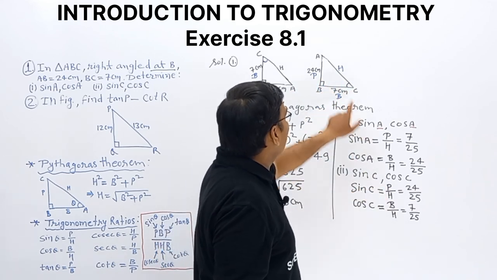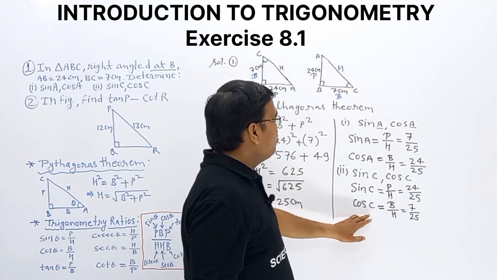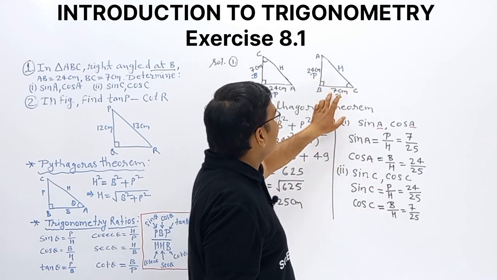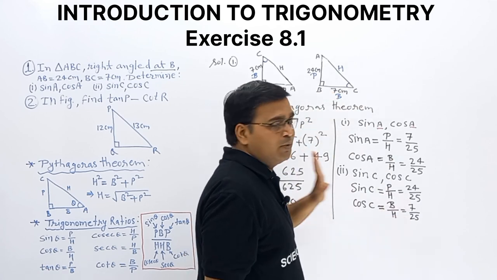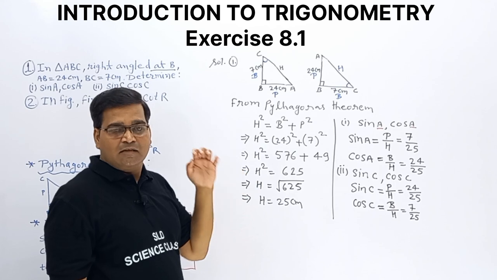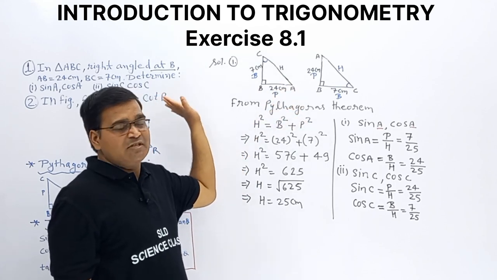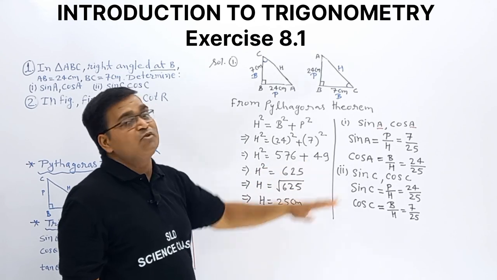So P upon H. For this diagram, P is 24, H is 25. Clear? Cos C is base upon hypotenuse. Base is 7 and hypotenuse is 25. It means once we draw these diagrams for this question, we are getting the same solution.